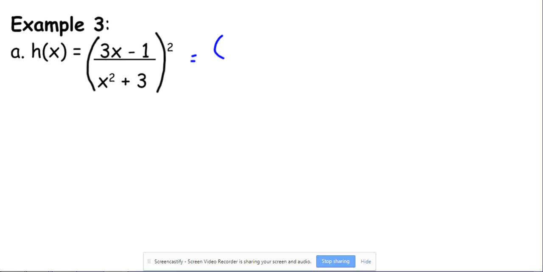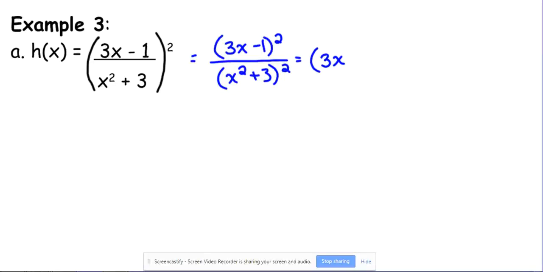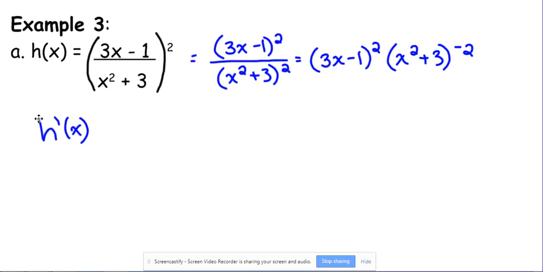So if I can rewrite this algebraically, meaning apply that power of 2 to the numerator and the denominator, which I can do. That's a property of exponents. And then I really do not want to do the quotient rule. So use another property of exponents and just move it. Move it to the top using a -2 power. So we're just going to have to do some factoring in the end.